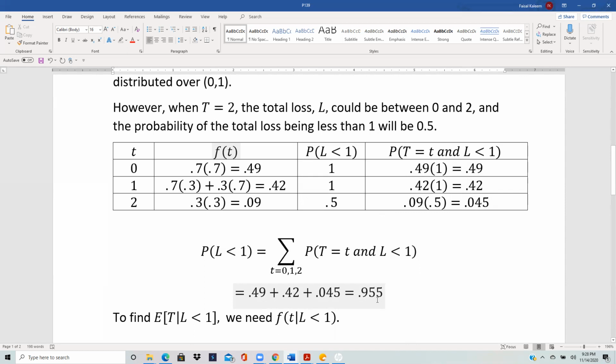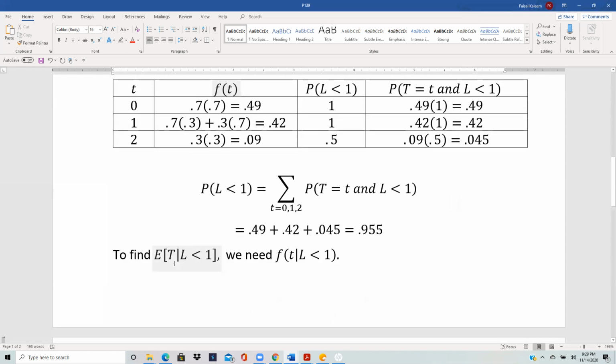Eventually, the goal was to calculate the expected number of hospitalizations given loss is less than 1. So the expected value of T, the number of hospitalizations, given loss is less than 1. For this expected value, we need the corresponding probability f(t) given loss is less than 1.